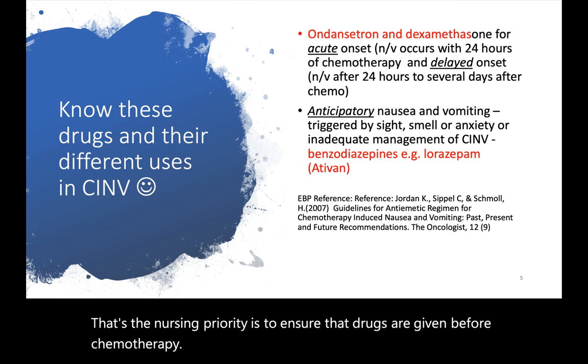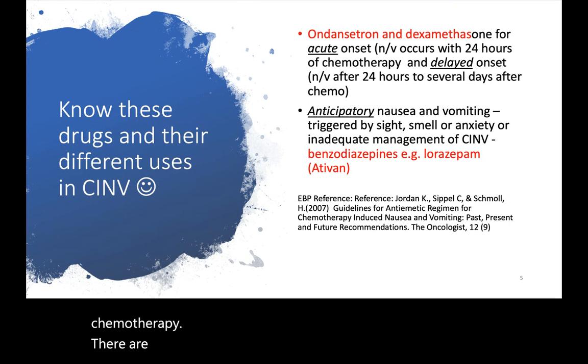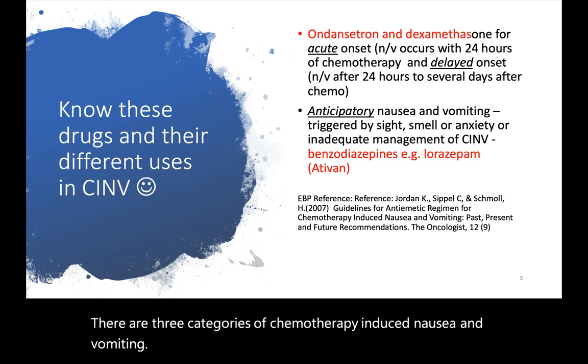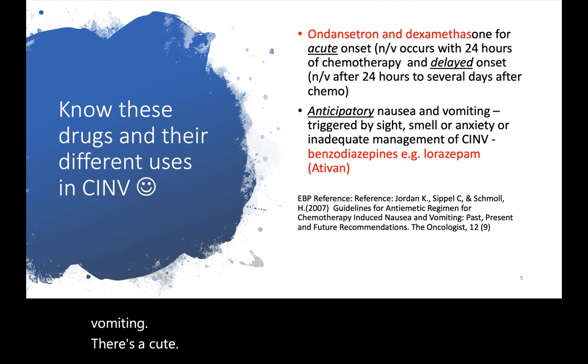There are three categories of chemotherapy-induced nausea and vomiting. There's acute, delayed, and anticipatory. Each of these has an equivalent pharmacological treatment.